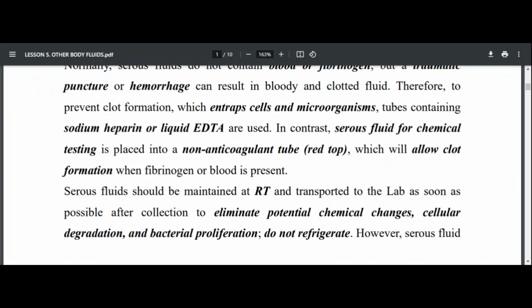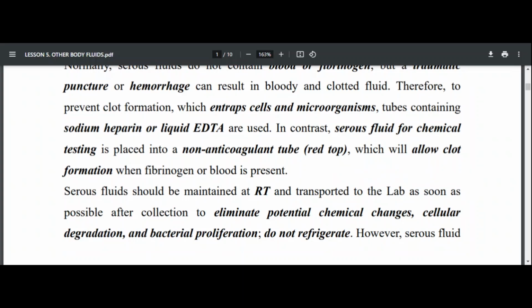In contrast, serous fluid for chemical testing is placed into a non-anticoagulant tube or red top tube, which will allow clot formation with fibrinogen when it is present or when blood is actually present. So in order to allow clot formation, in case fibrinogen is present in the fluids, we should place these body fluids into a red top tube.